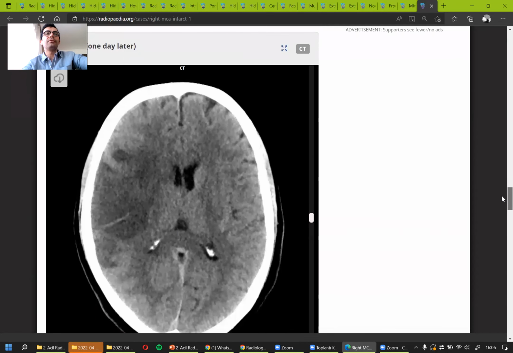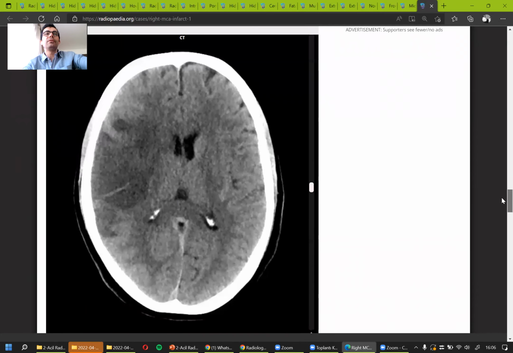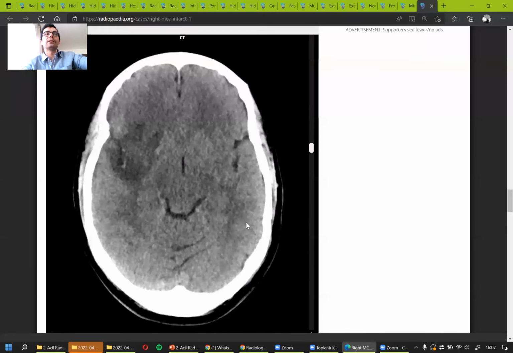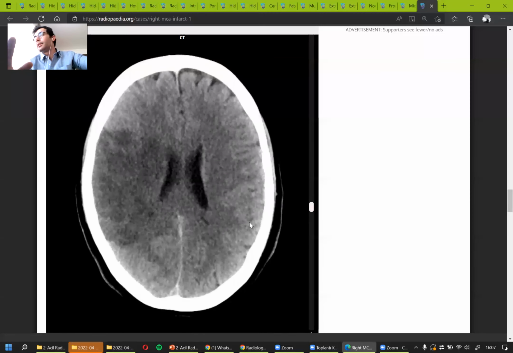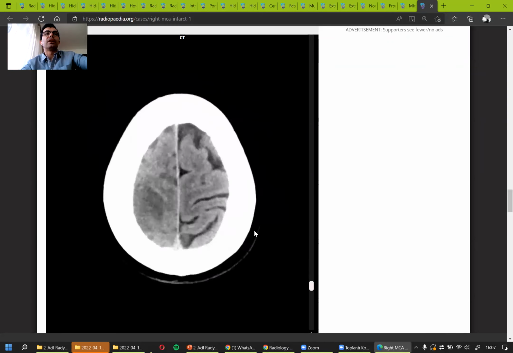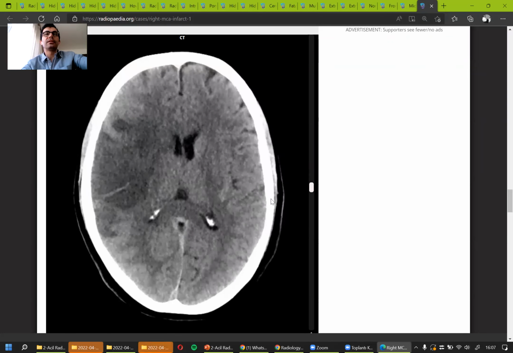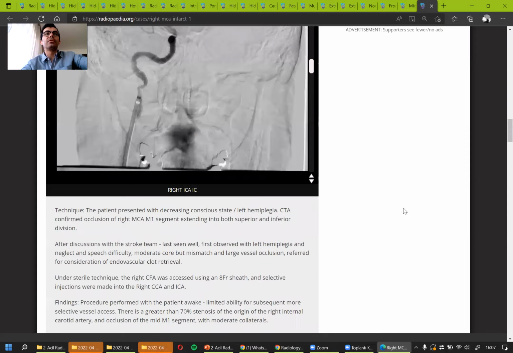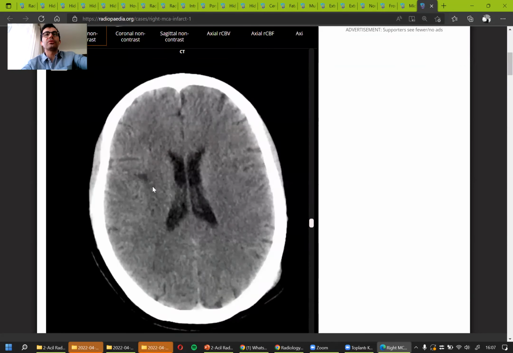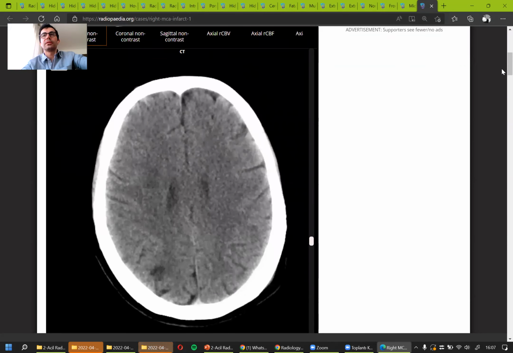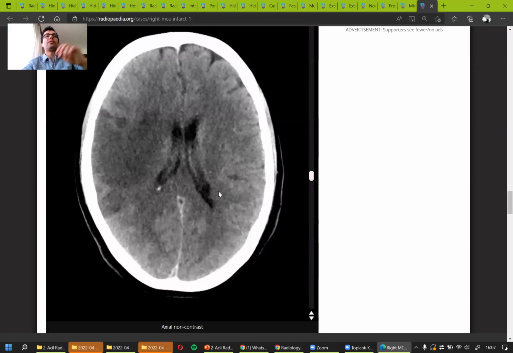Let's come to this one, the CT scan which is taken one day after. And look at that. Now I can see something, right? Until one day, the cerebral parenchyma was looking almost completely normal. Now I'm seeing some edema here.